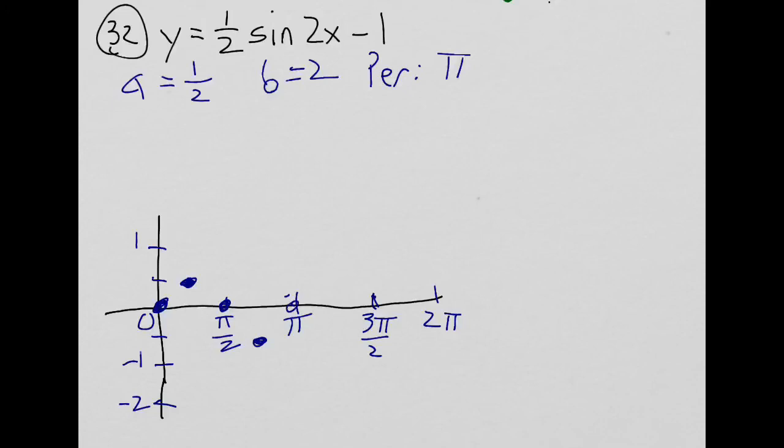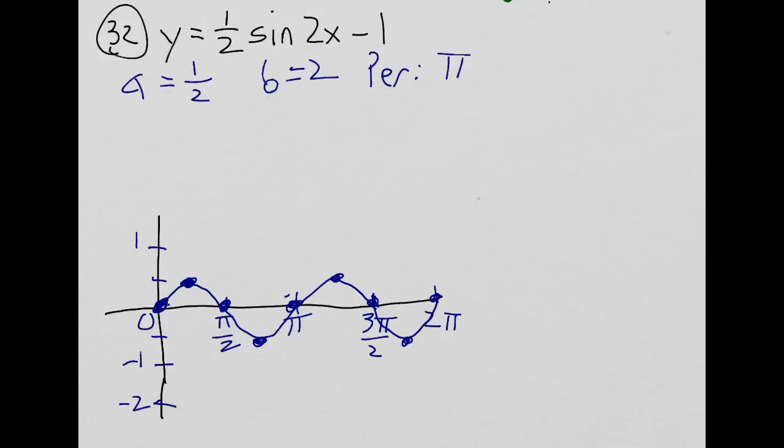Down, up, that's 1 cycle, and repeat. Up, down, down, up. And I'll sketch it in. And again, you can refer to the Sine video if you need more help on this.